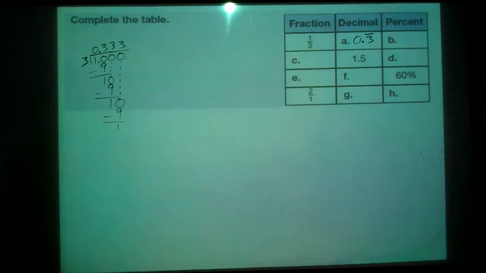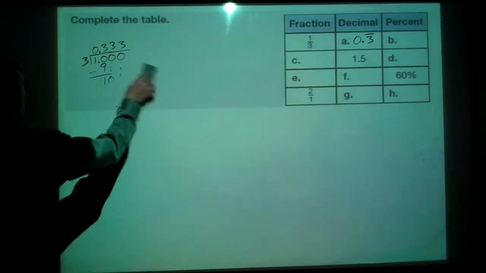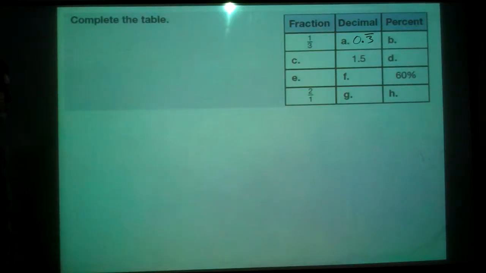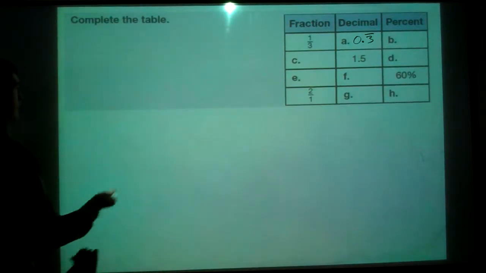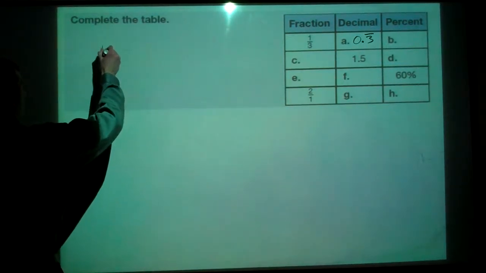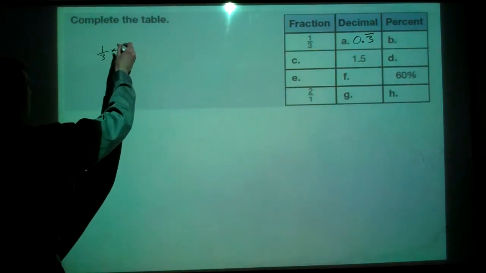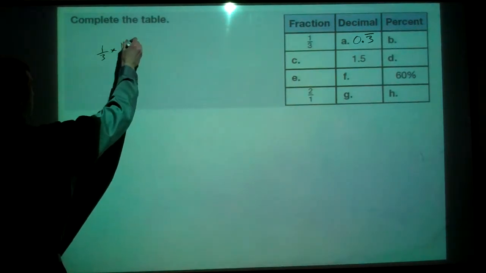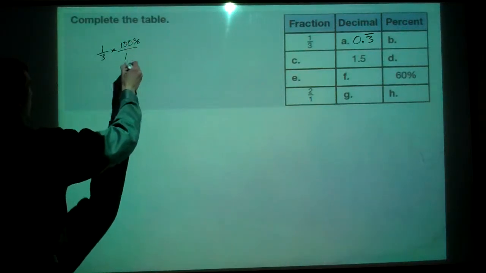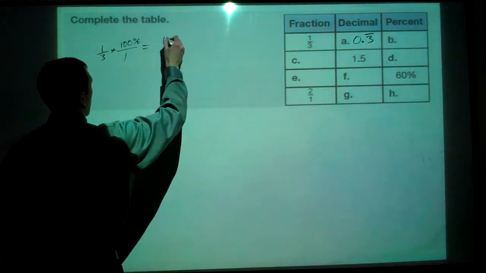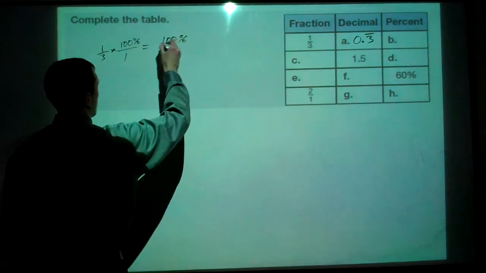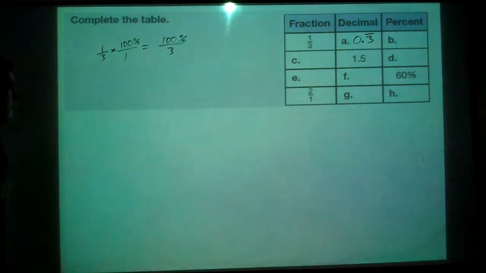Now to turn that into a percent, we could just move our decimal over, but to help us see it the other way, remember 1/3 or 1 over 3 times 100% over 1, or 100% divided by 3. Okay?